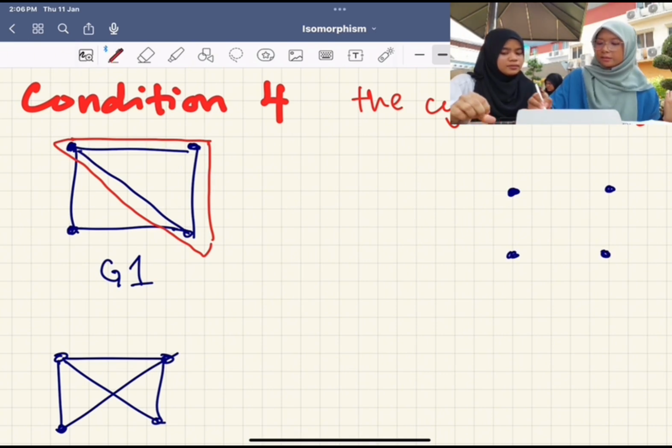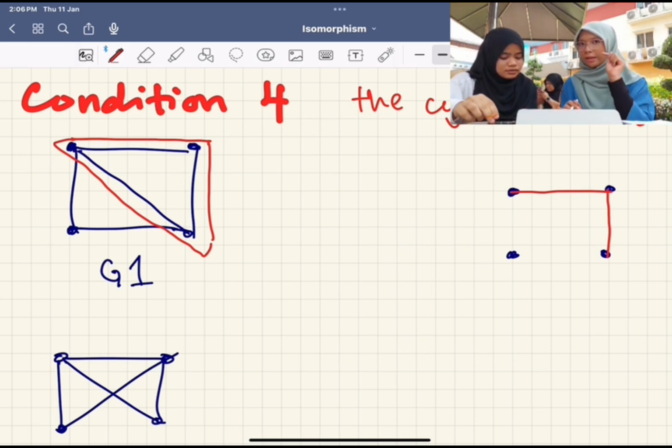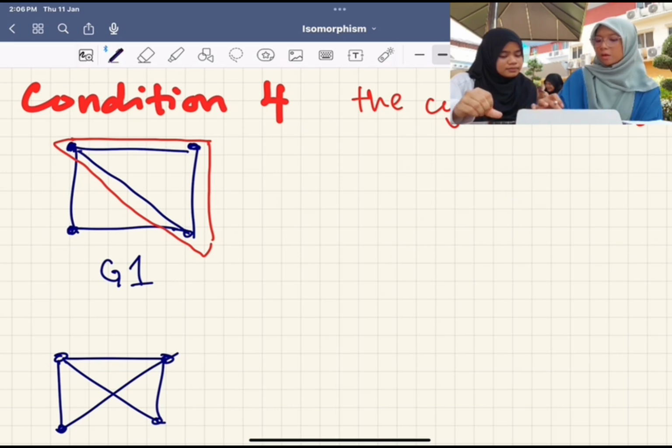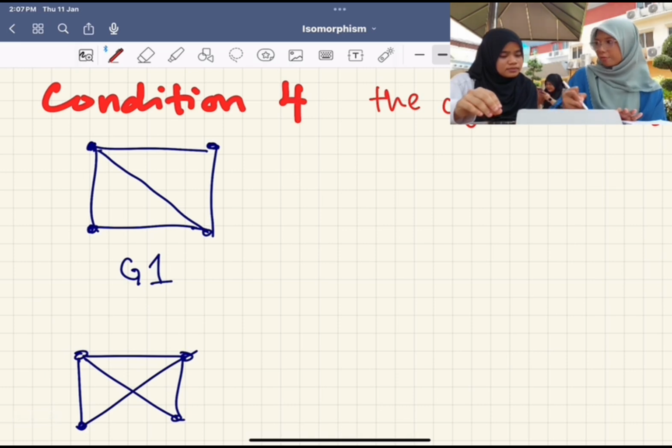This is what we call a cycle. If you just leave it hanging, it's not a cycle, because it's not connected to the initial point that we started from. We need to start with that vertex, and we need to stop with that vertex. That's why here we form a cycle within this graph.